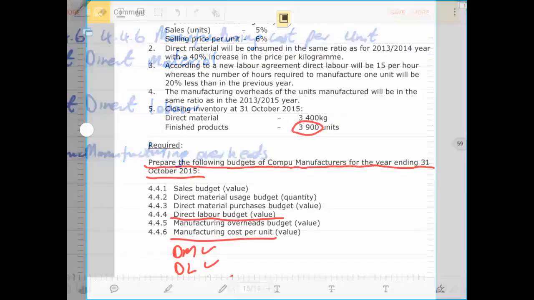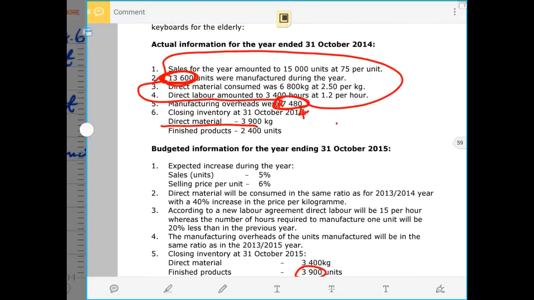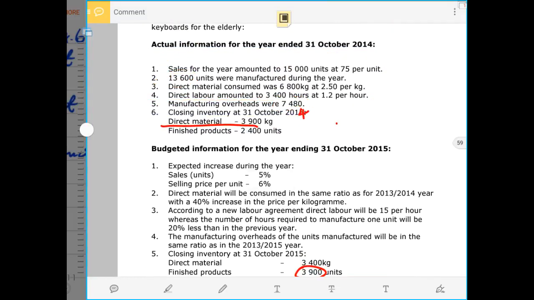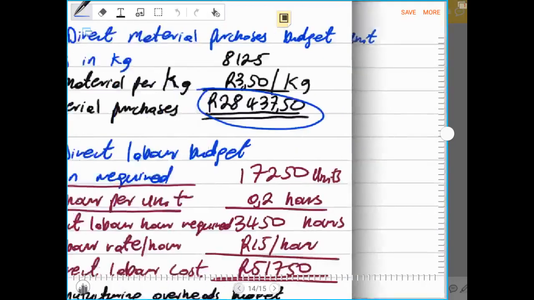So now we have to go and check our direct material cost per unit. It takes how many kgs to complete 1 unit? We have calculated that before in the direct material budget.